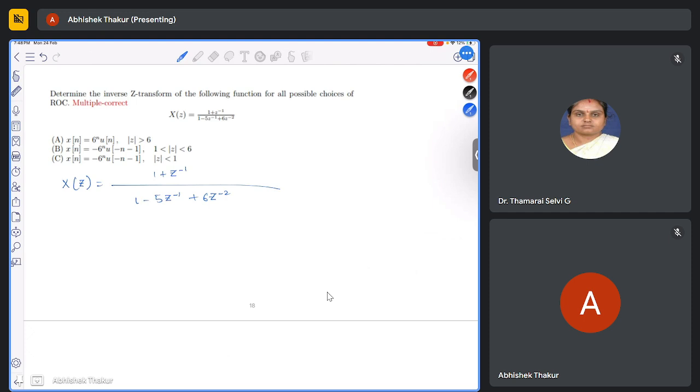We can write this as 1 plus z inverse. When you do the multiplication in the denominator, you will get the same term. After cancelling it out, we will get the simplified form.